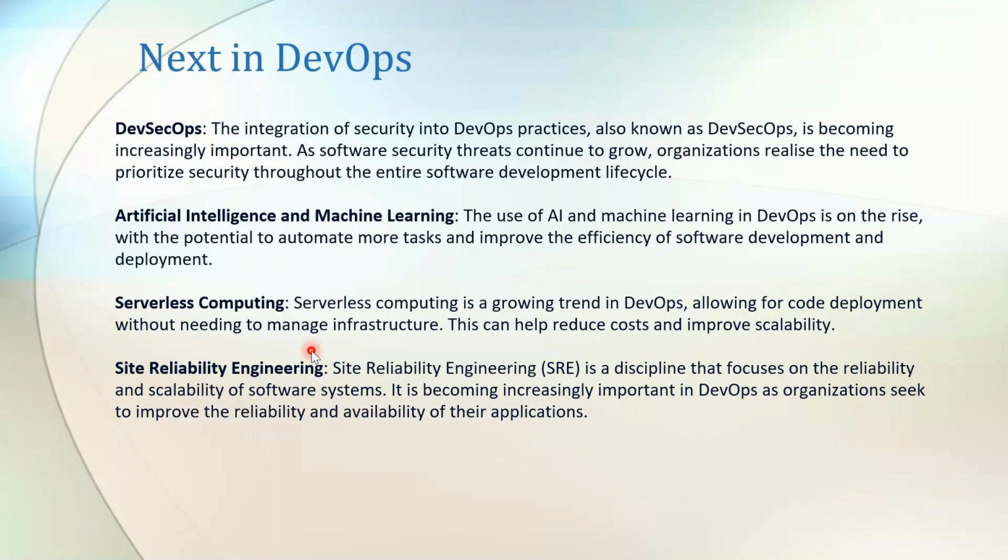Next is SRE, site reliability engineering. This is truly about reliability and scalability, and it is important for the DevOps person so that you can use it in your application. Again, there is overlap between the SRE role and DevOps, so more or less we end up doing the same work in most organizations.